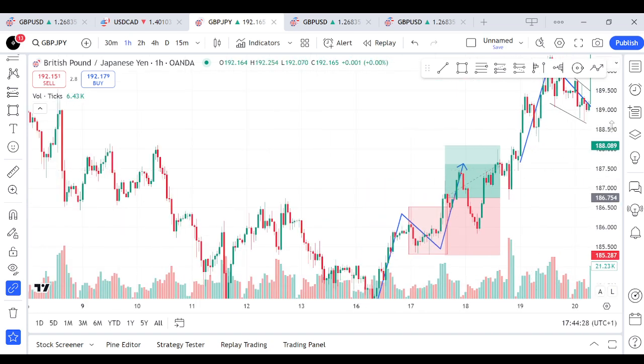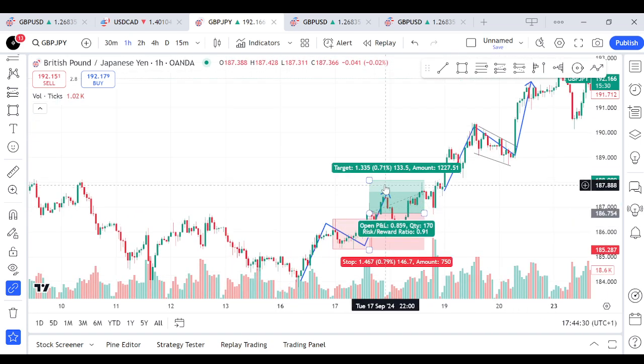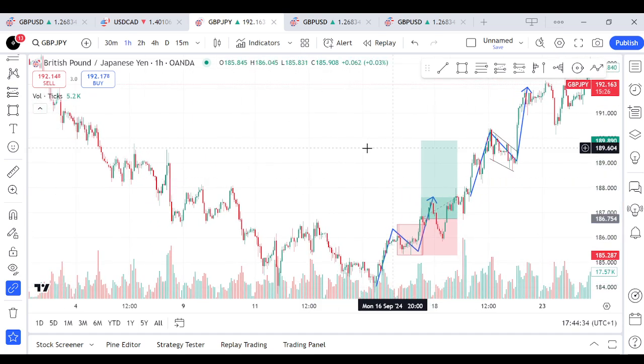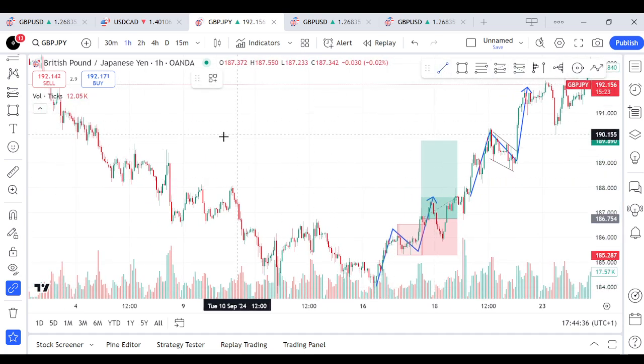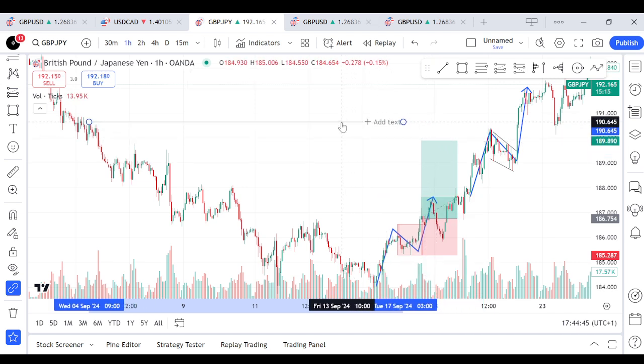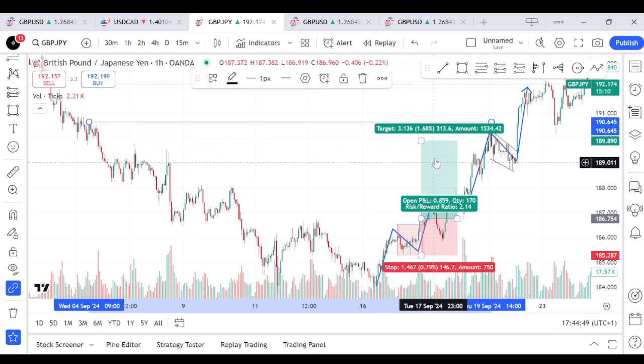You can target take profit levels of 1:1, 1:2, or any one you want, or you could target resistance levels. Like this is a resistance level, and that's a 1:2 trade, or you could raise your resistance level higher. Remember, you should always catch this in an uptrend, not in a downtrend.